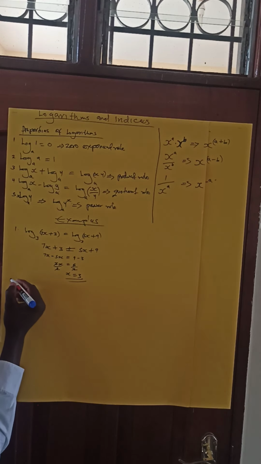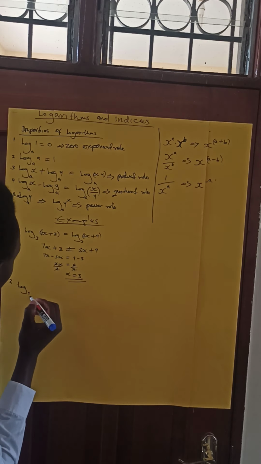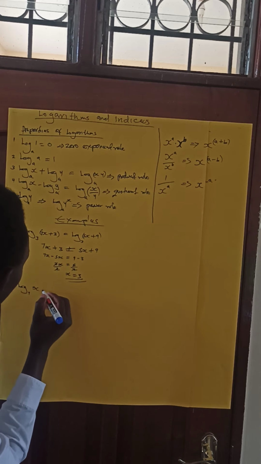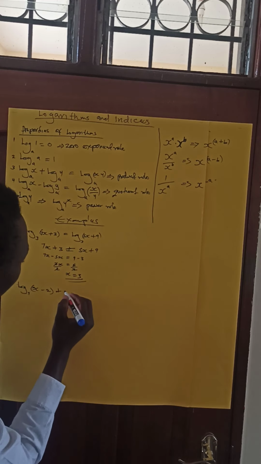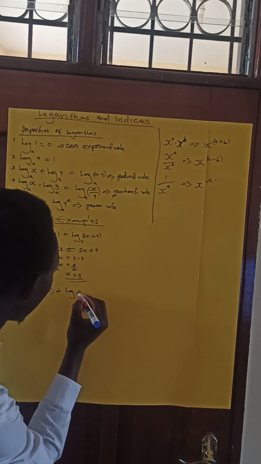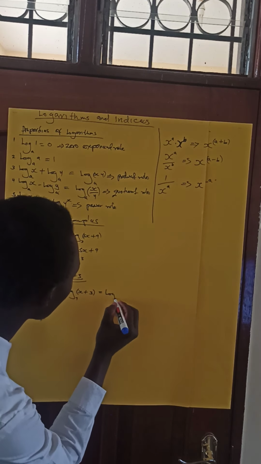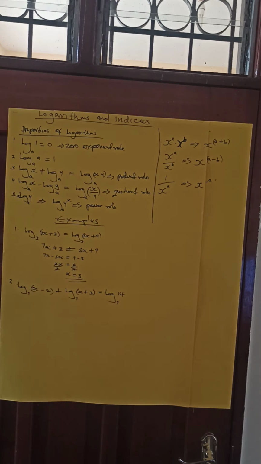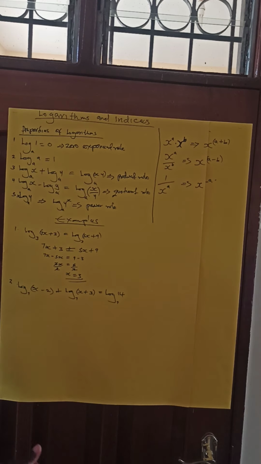Example 2, we can have a problem like this. Log x minus 2 to base 7 plus log x plus 3 to base 7 is equal to log 14 to base 7. For this case, as you can see, we have the same bases.